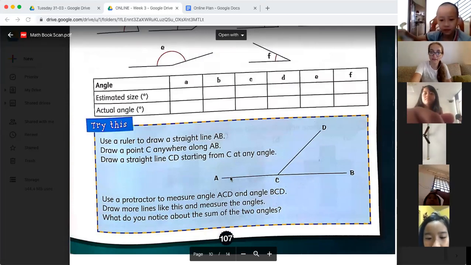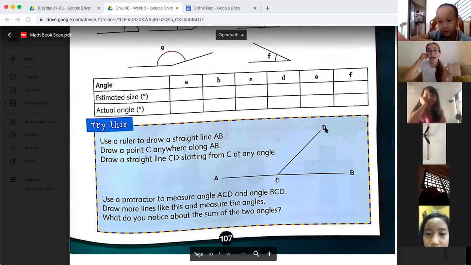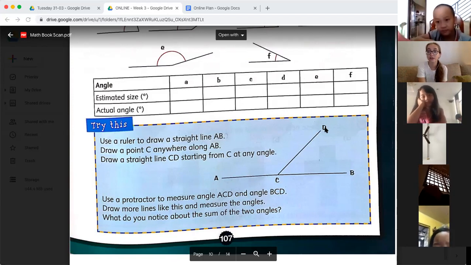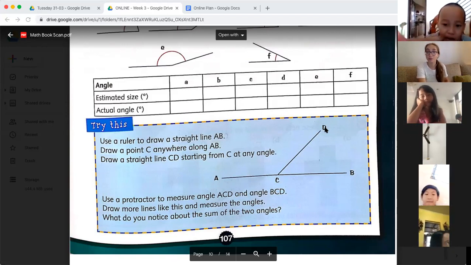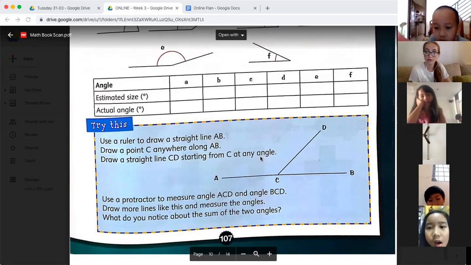So if you have these angles, ACD and BCD, if you add those 2 numbers together, your answer should be 180. It doesn't matter where you put the line. It says they draw a line starting from C at any angle. So it doesn't matter where you draw the line. The answer will always be 180 if you add them together.